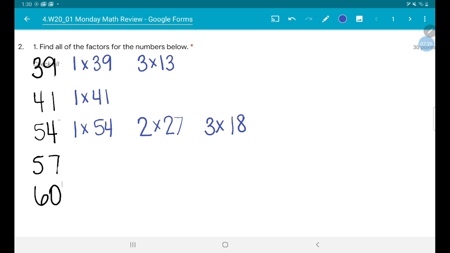It's 3 times 18. Okay, so we needed to check 3 and 18. Anything else? Is 4 going to be a factor? Okay. 5? No. 6? Yes. 6 times what?